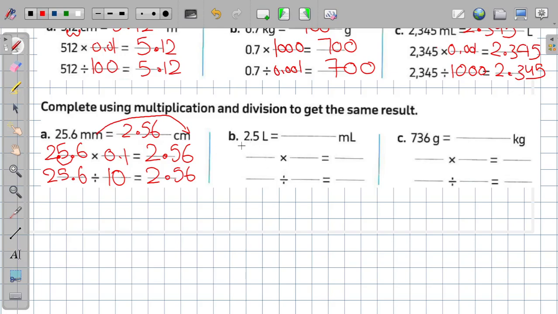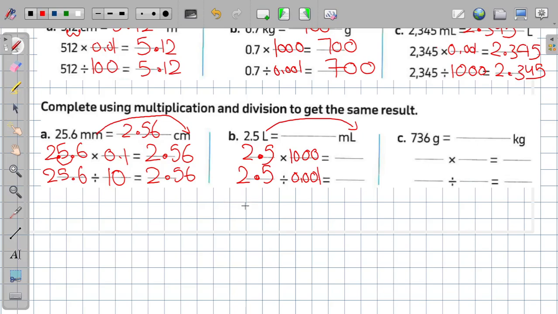Next, I have 2.5 liter equals how many milliliter? From liter to milliliter, we will multiply by 1000 or we can divide by 0.001. So I have 2.5 multiplied by 1000 equals what?